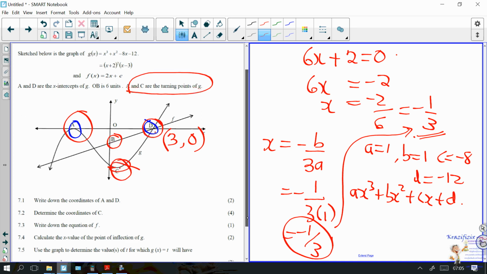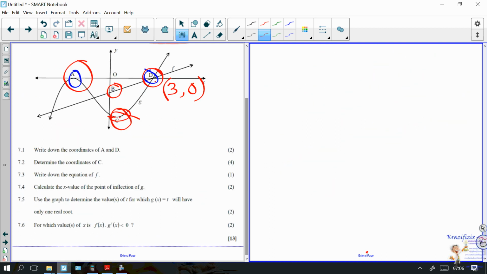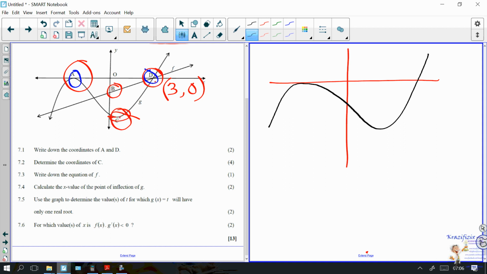Use the graph to determine the values of t for which g of x equals t will have only one root. Let me just quickly explain this, the nature of roots again. Here is my graph. That it will have one root means it should cut through the x-axis once.